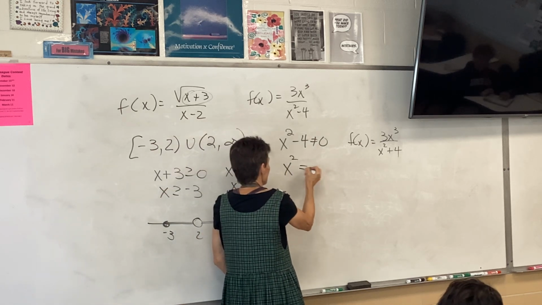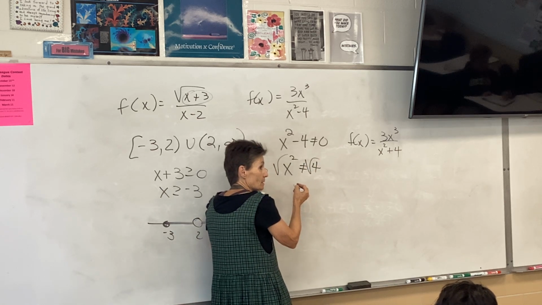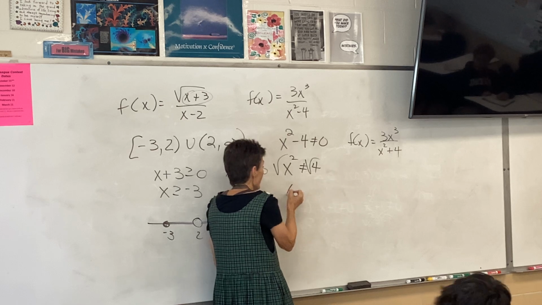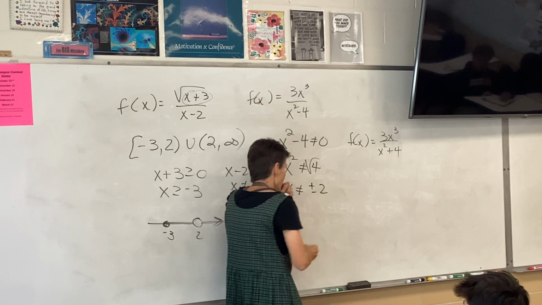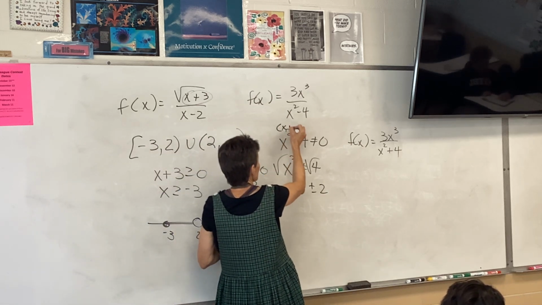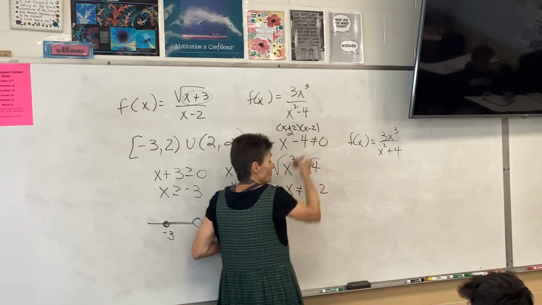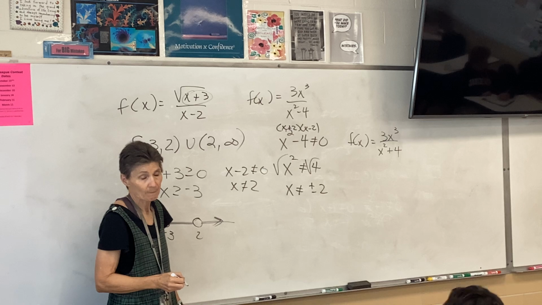Did you bring the 4 over and then square root? That's perfectly okay as long as you remember what? Plus or minus, very good. You might also have factored this, x plus 2, x minus 2. Difference of squares, if that's easier for you.